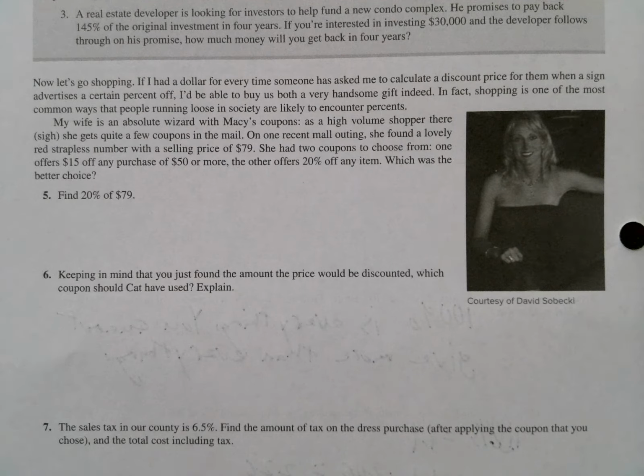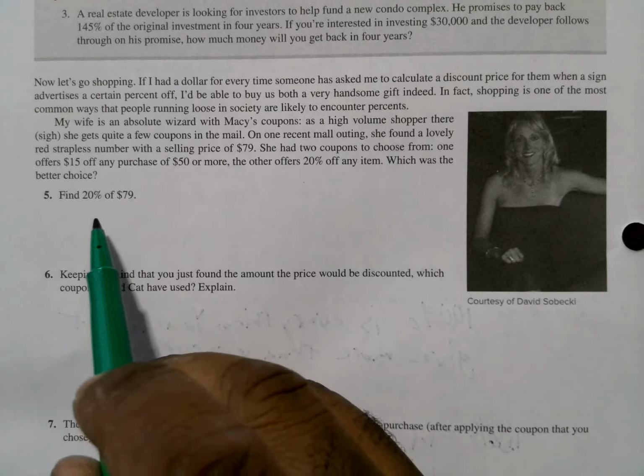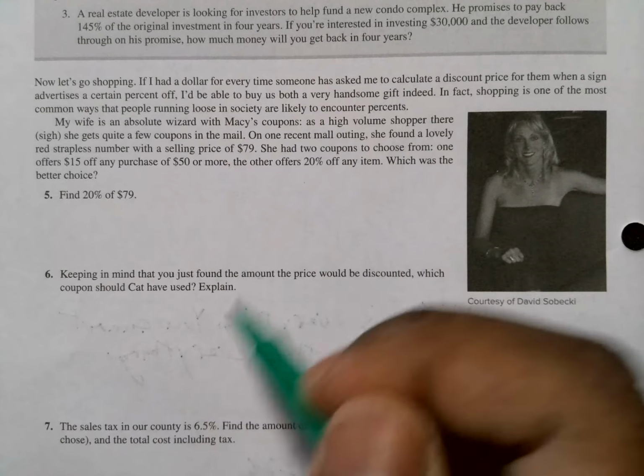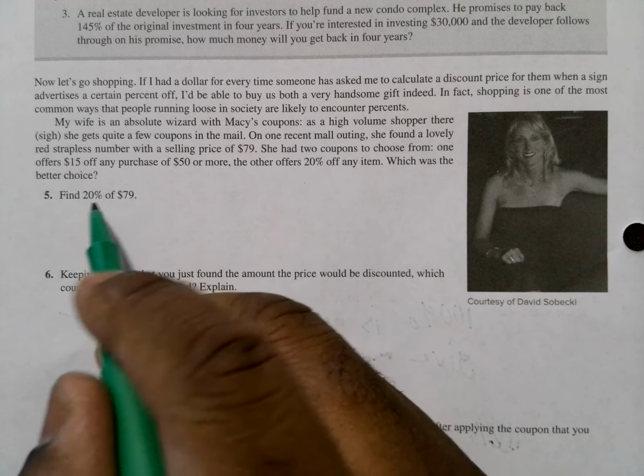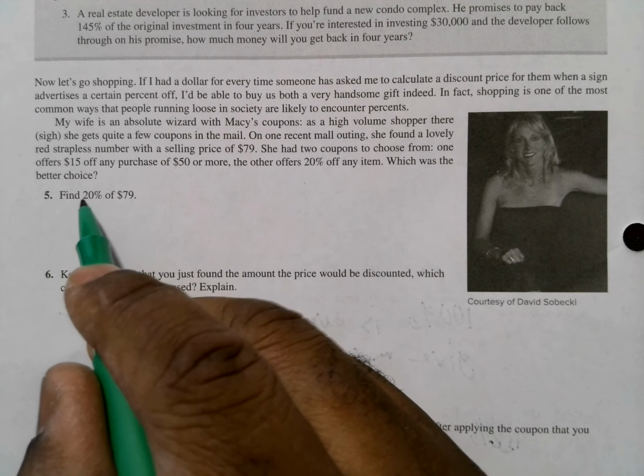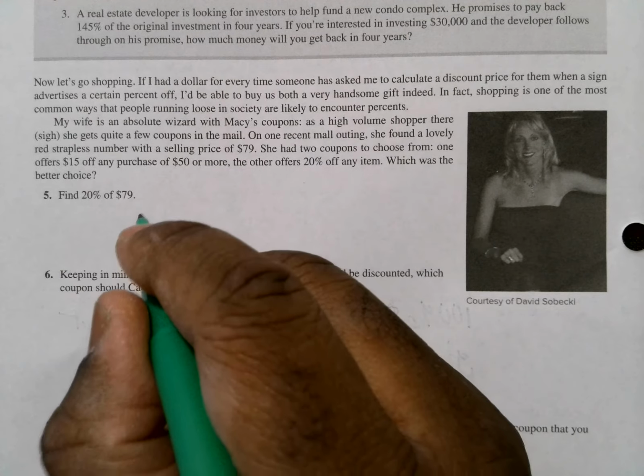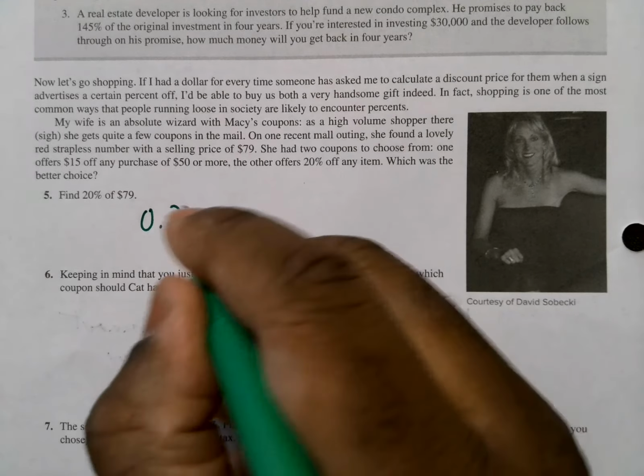She had 2 coupons to choose from. One offers $15 off any purchase of $50 or more. The other offers 20% off any item. Which was the better choice? Okay, it says here find 20% of 79. So we know 20%, we'll drop the percent sign, move the decimal 2 places to the left, and that will give us 0.20.